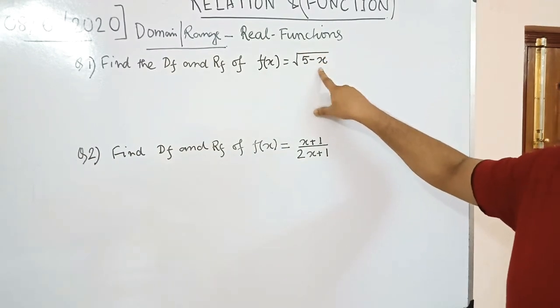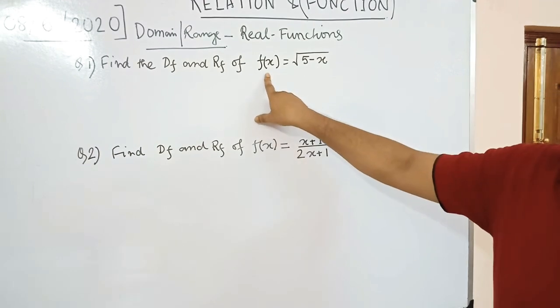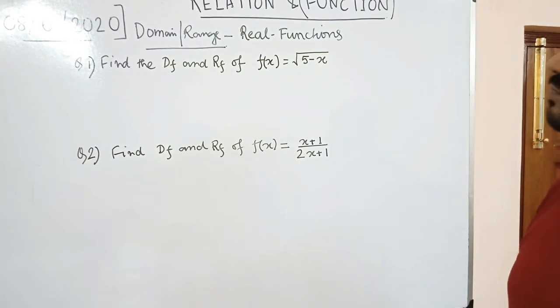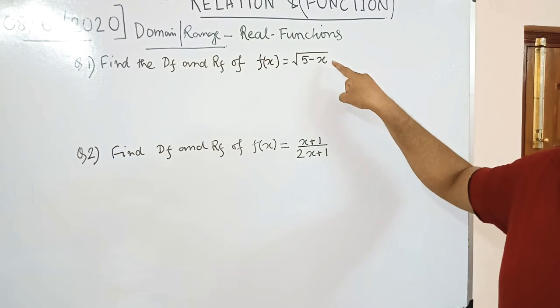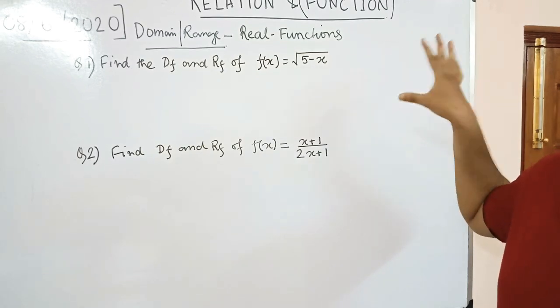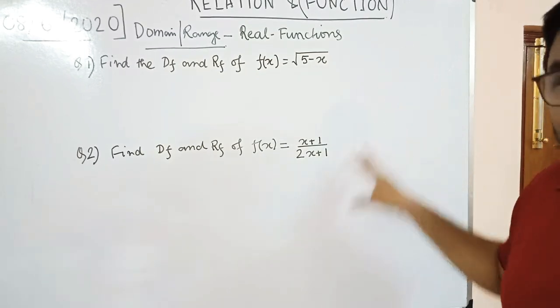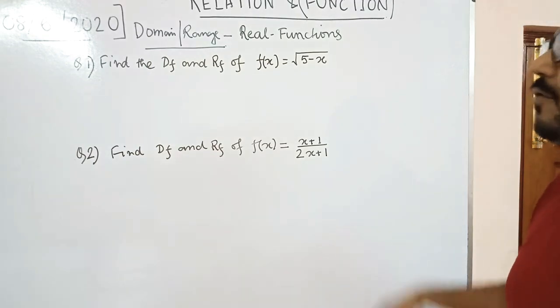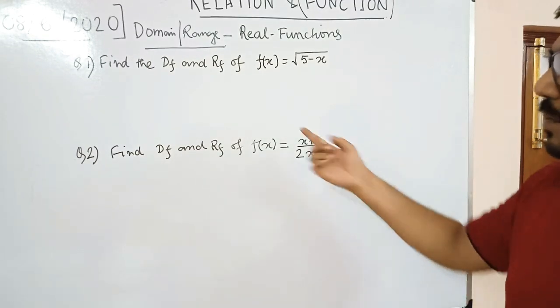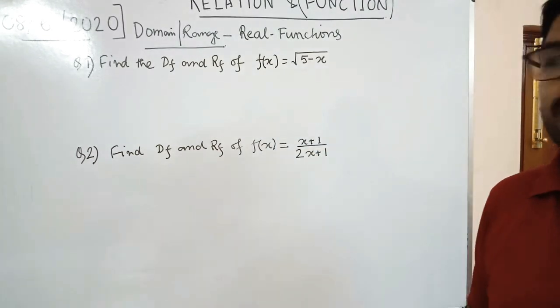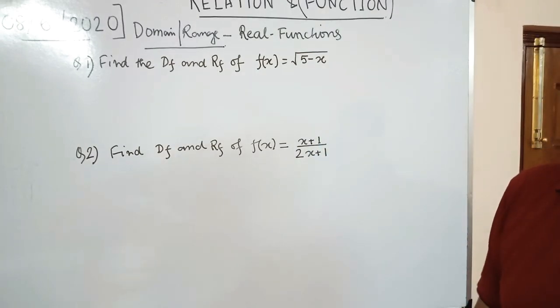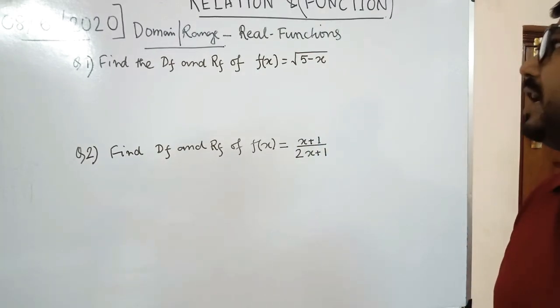So we are first finding out what possible values x can have in this function, and for all those values, what possible values y may have. Okay, so that is our aim.